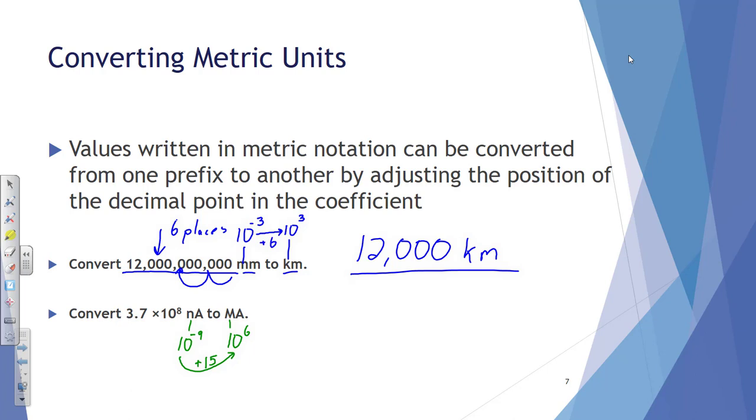If that's going up by a factor of 15, then our coefficient here has to go down by a factor of 15, which means this is going to become 3.7 times 10 to the, if we lose 15 out of our exponent of 8, that becomes negative 7, and those are now megaamps.